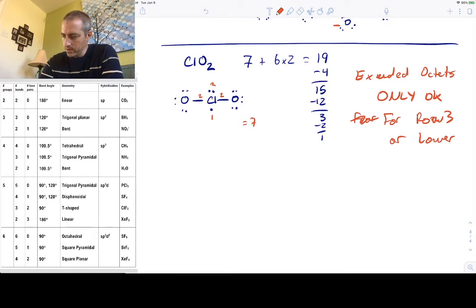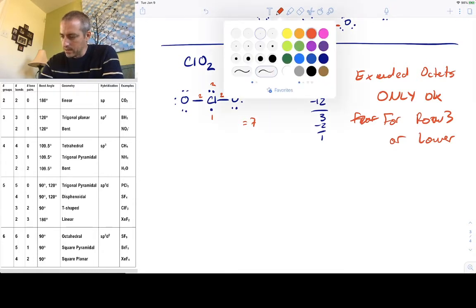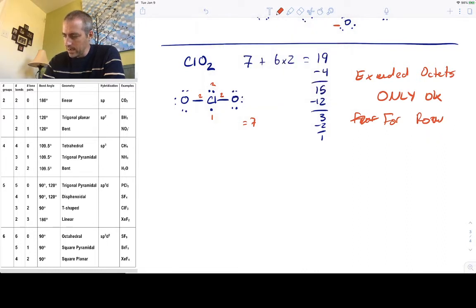What we can do first, though, if we want, is look at our formal charges where we're currently sitting.